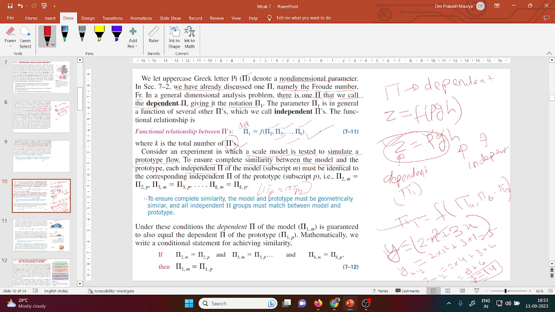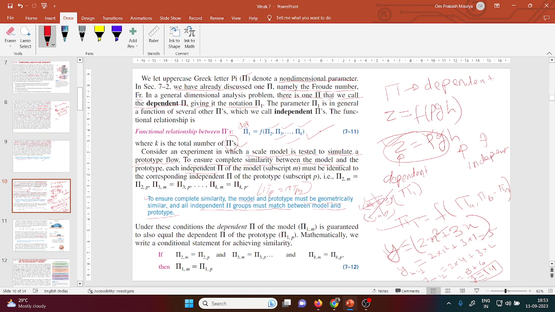So, to ensure complete similarity, the model and prototype must be geometrically similar, and all independent pi groups must match between the model and prototype. It's not like the model depends only on length, width, dynamic viscosity and density, while the prototype depends only on length, width and dynamic viscosity. This should not happen.